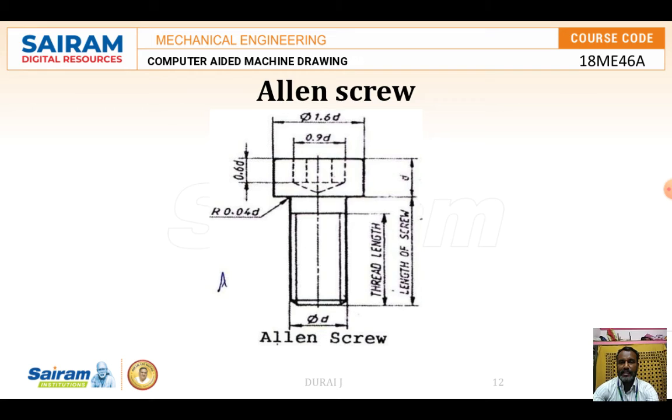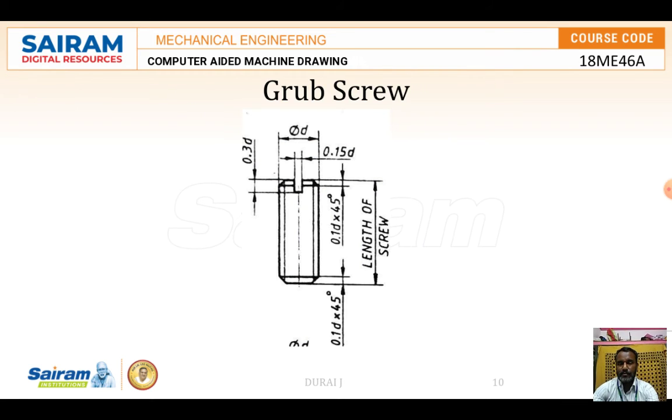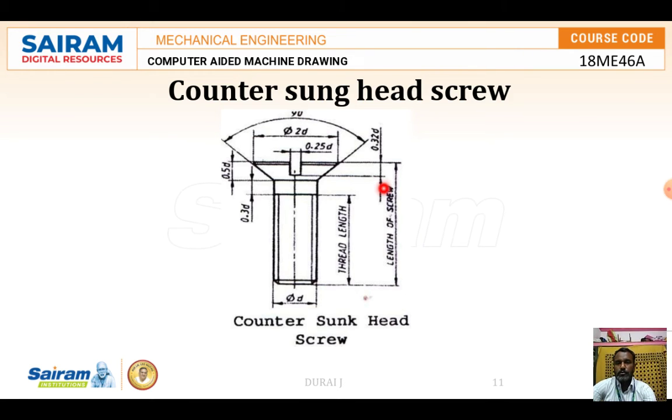The countersunk head screw. Here the angle they are going to maintain in this V shape is 90 degrees. The cutout portion is 0.25d. The outer diameter of the top head is 2d, and this is the pitch diameter. The thread length they are providing.